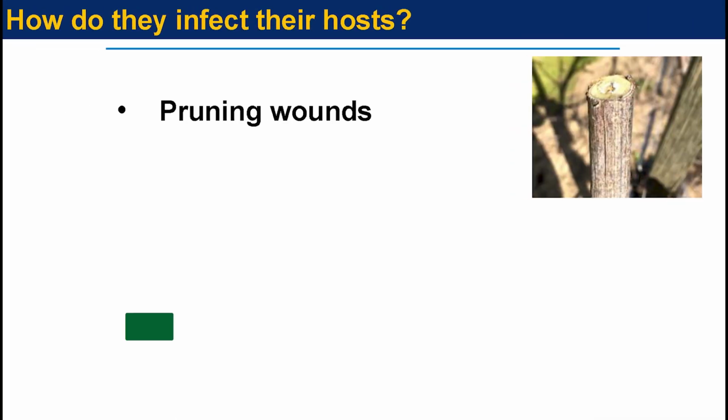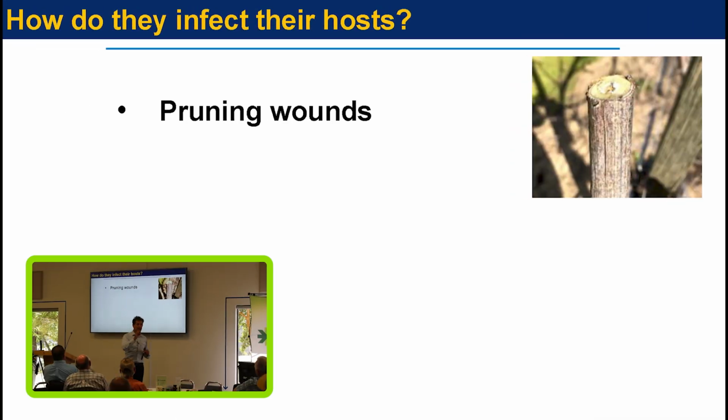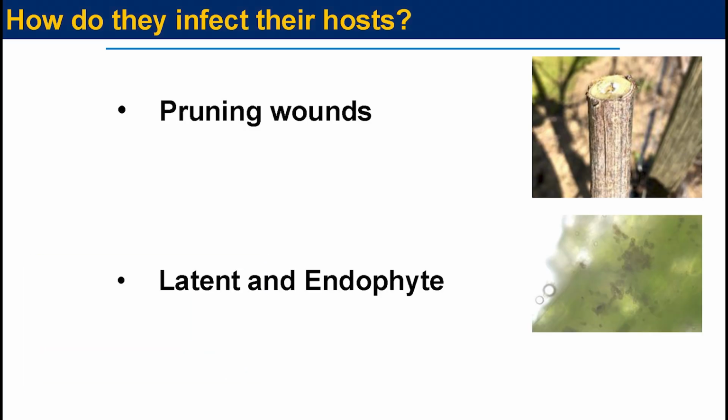How do they infect the plant? The primary entry point of these pathogens is pruning wounds during the winter, period. Almost 85% of it. If you can protect those pruning wounds, you will most likely be safe. What other way is there? They could also be latent and endophytic.